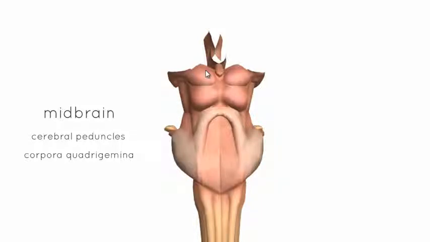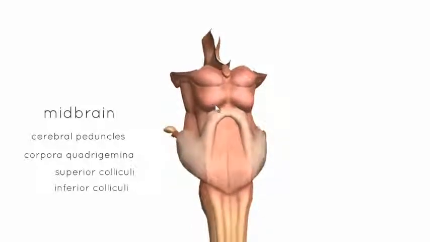And this is Latin for quadruplet bodies, because obviously there's four little bumps. The top ones are called superior colliculi, and the bottom two are called inferior colliculi. And the word colliculi is Latin for lower hills, because of their appearance.